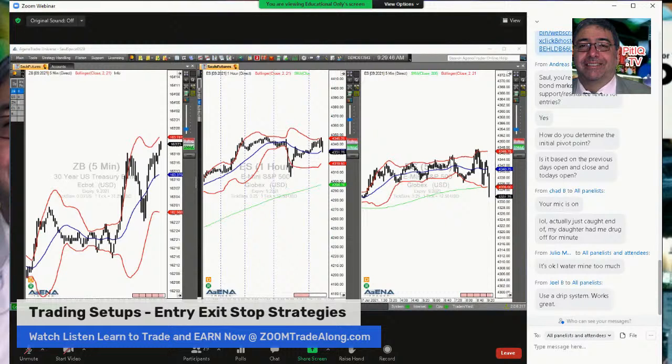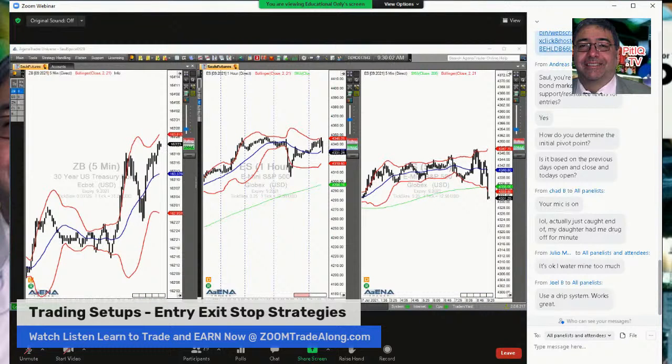Market continues to downtick. We're looking for the 29 level on the downside. That's our next support level.